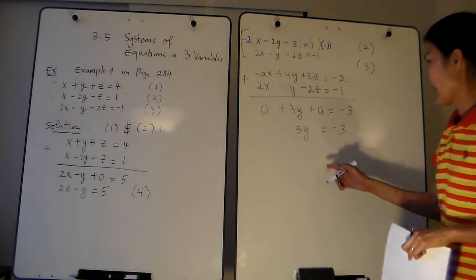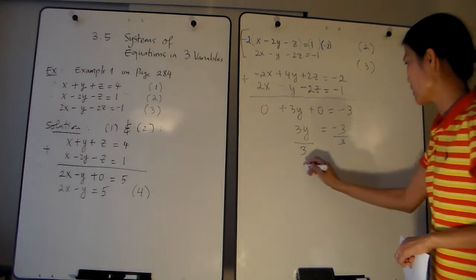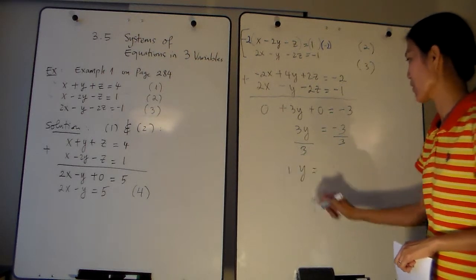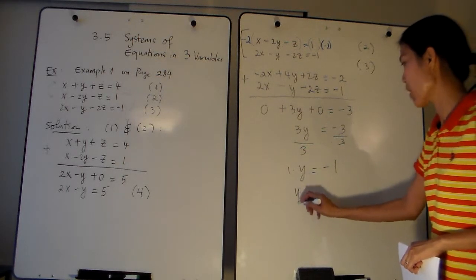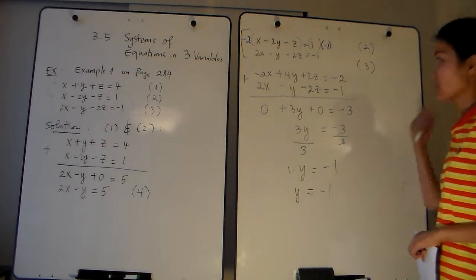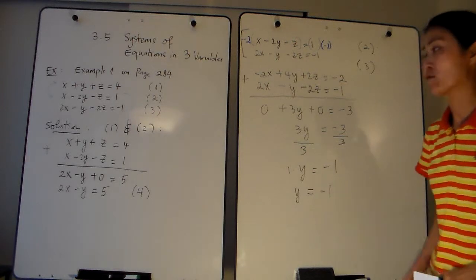And to solve for y, you divide both sides by 3. So 3 divided by 3 is 1. Negative 3 divided by 3 is negative 1. 1 times y is y. Y equals negative 1. So this is the first variable that we just found, y equals negative 1.